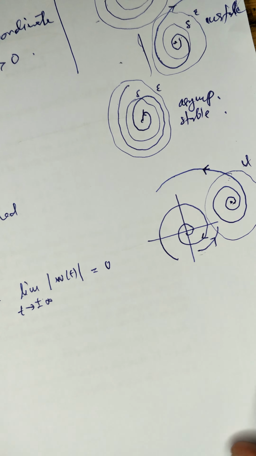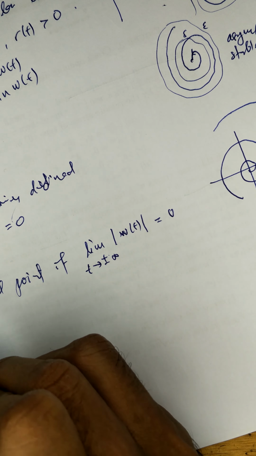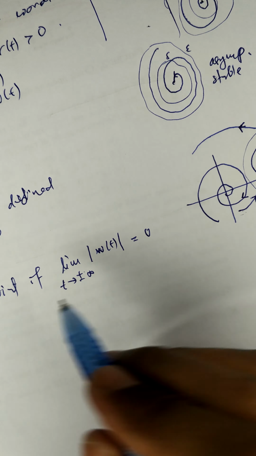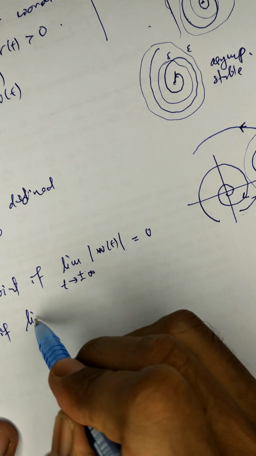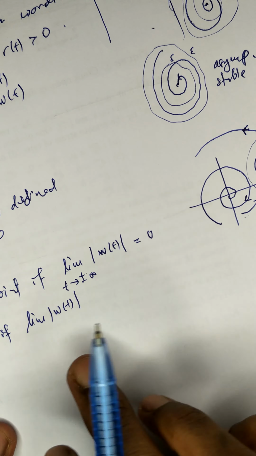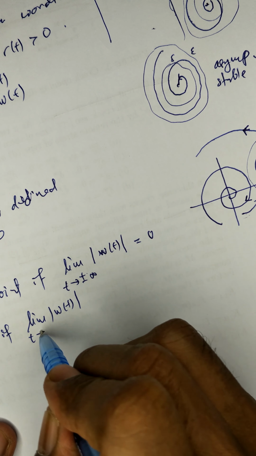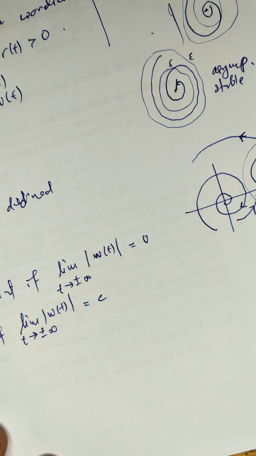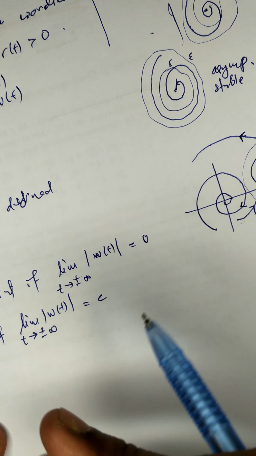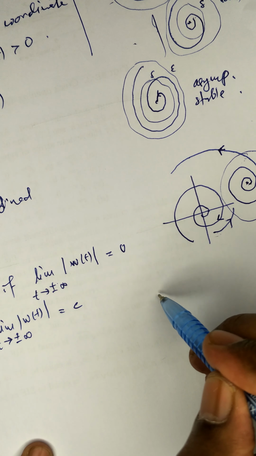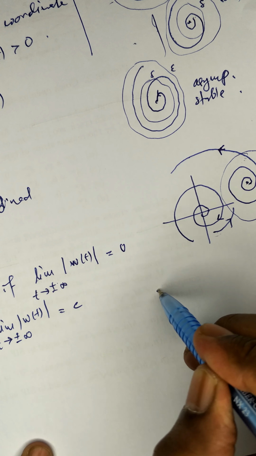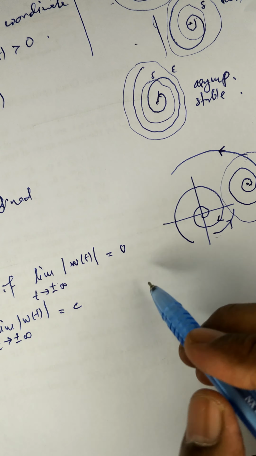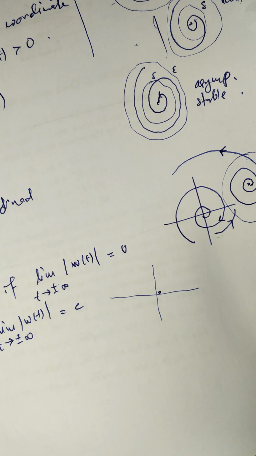For the second case, we have a node. If the limit of the magnitude of W(t), as t goes to plus or minus infinity, gives you some constant c for all trajectories in U. So in this case, say this is our critical point and this is our xy axis.